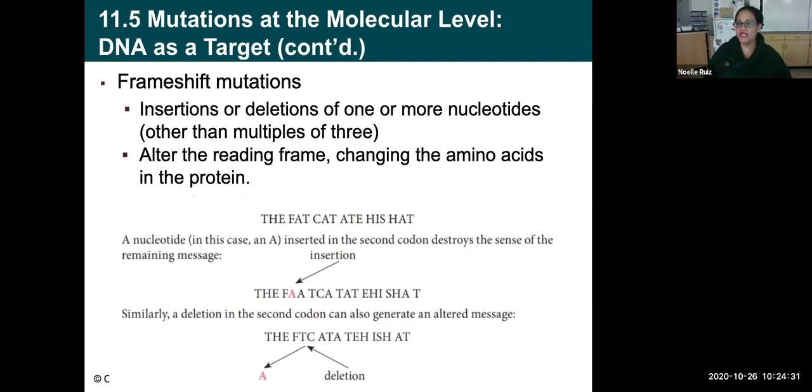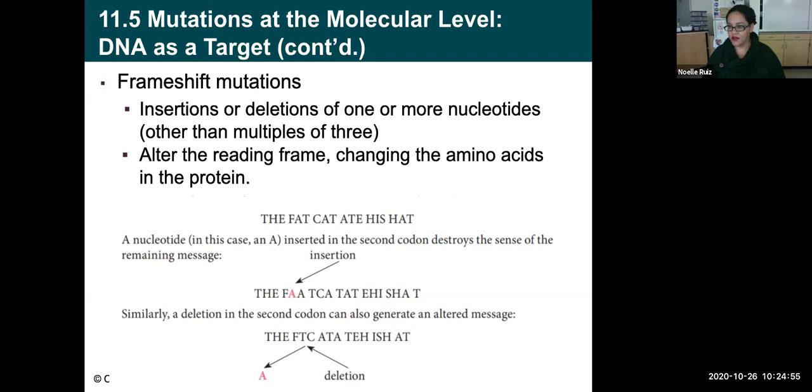The fat cat ate his hat. A nucleotide, in this case A, is inserted in the second codon, which destroys the remaining message. So if you insert that A into that sentence, you can see that the reading frame shifted. You can't tell what the rest of the sentence was supposed to be.